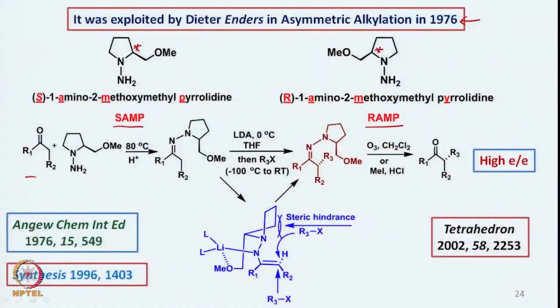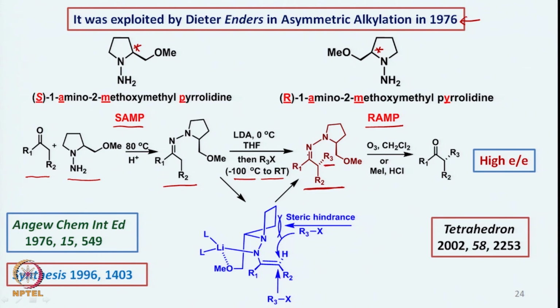Now what exactly happens, we need to understand, is that if we take a ketone of this kind and react it with one of the two, SAMP or RAMP hydrazines, then at 80 degrees we get this imine. When this is reacted with a base at 0 degrees and the temperature is lowered to -100 degrees and then slowly brought to room temperature, the reaction leads to the introduction of the R3 group as an electrophile and the C-C bond is formed.